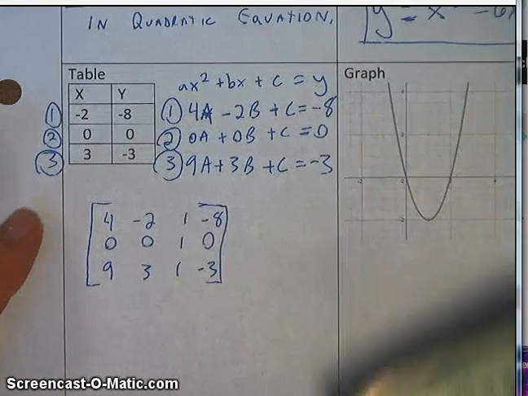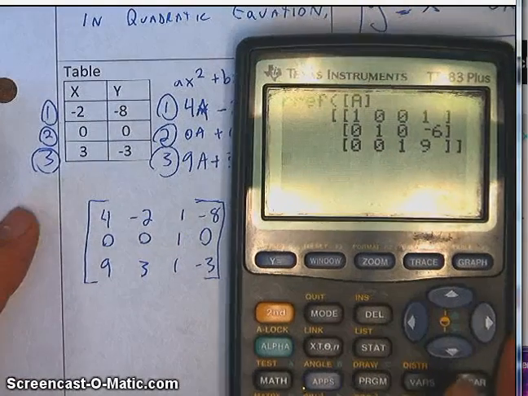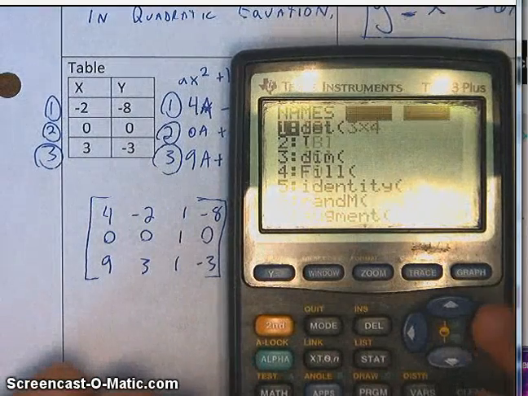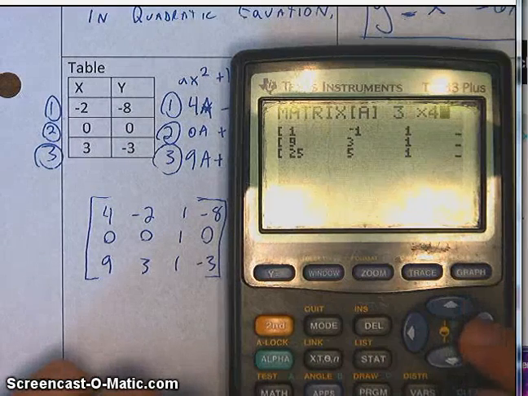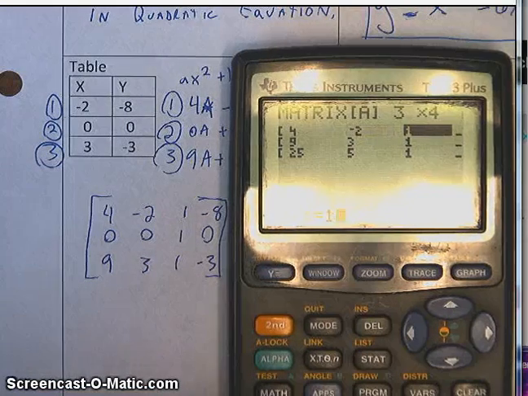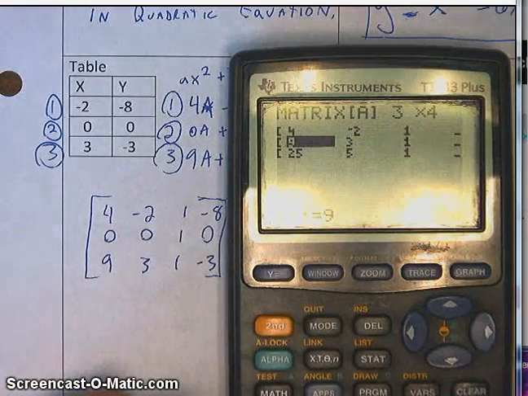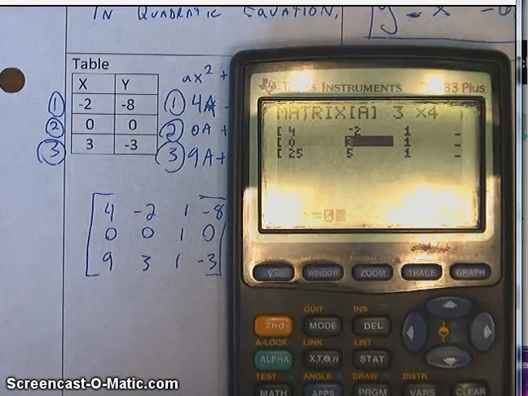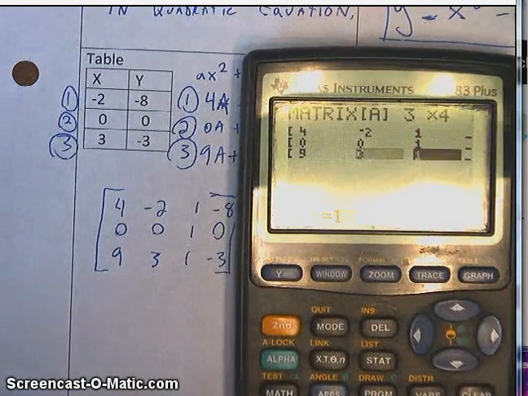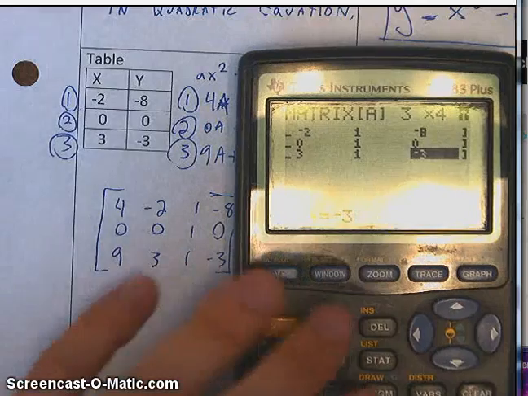At this point, it's calculator work. So we're going to go to the matrix screen, edit, still a 3 by 4. Just going to type in what I already have over there. 4, negative 2, 1, negative 8, 0, 0, 1, 0, 9, 3, 1, negative 3.